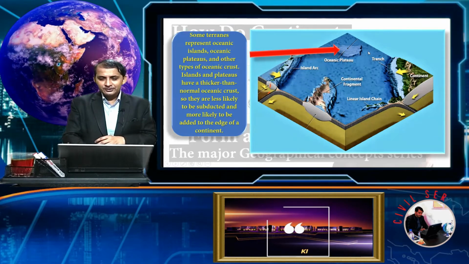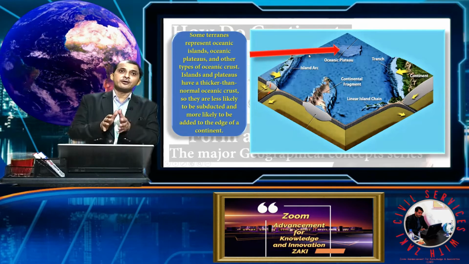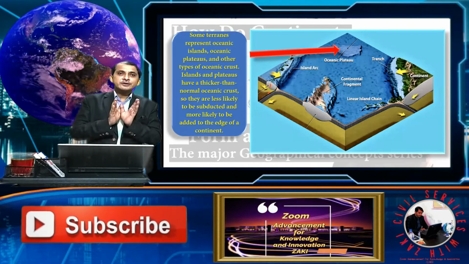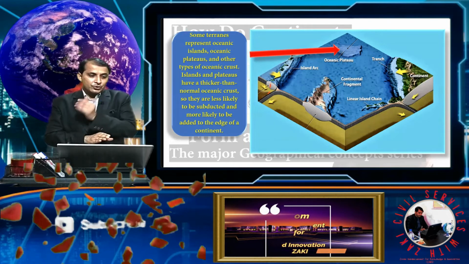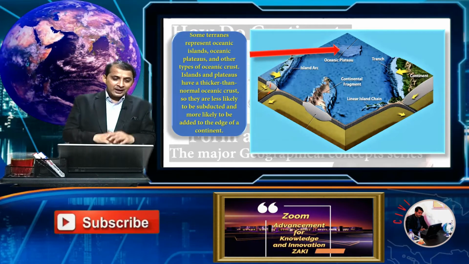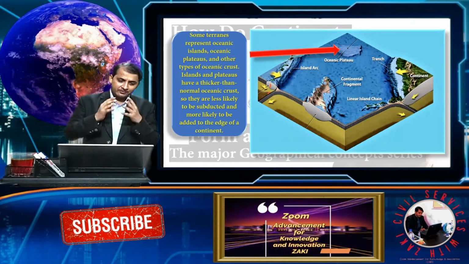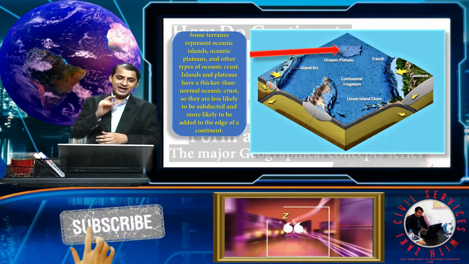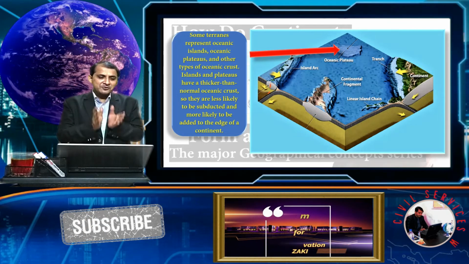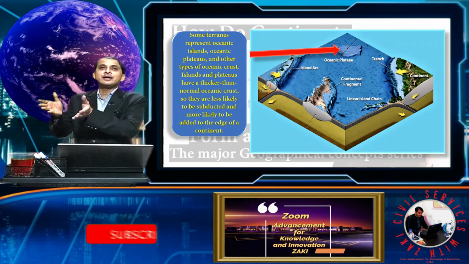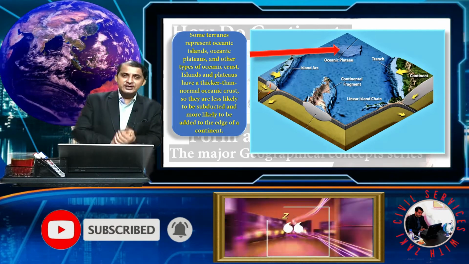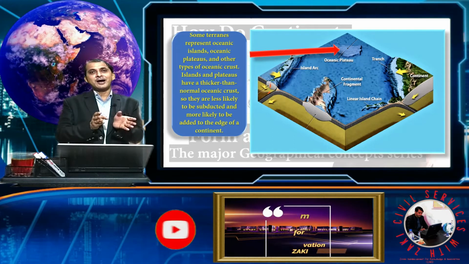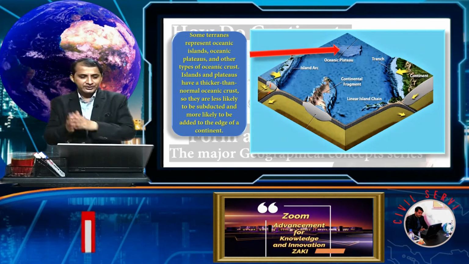This is thicker than the oceanic crust, which means this type of crust does not subduct. They are less likely to subduct and more likely to be added to the continent. So these plateaus and islands are added to the continent.